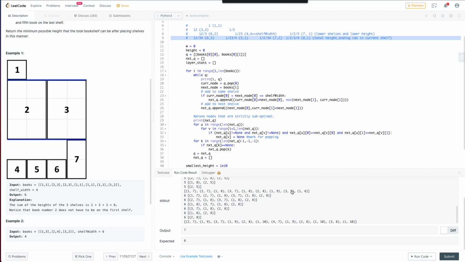Next, this and so these 3 got pruned for some reason. But 1, 8 didn't get pruned for some reason.